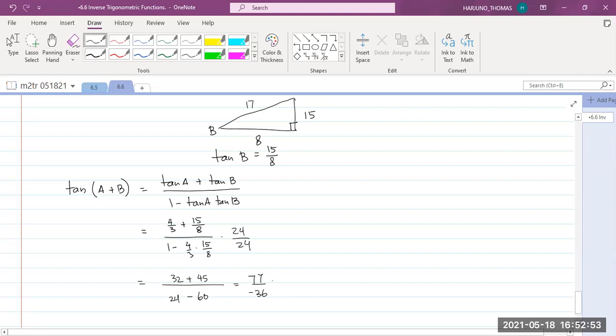Okay, so to summarize, tangent of tangent inverse of 4/3 plus cosine inverse of 8/17 is equal to negative 77 over 36.